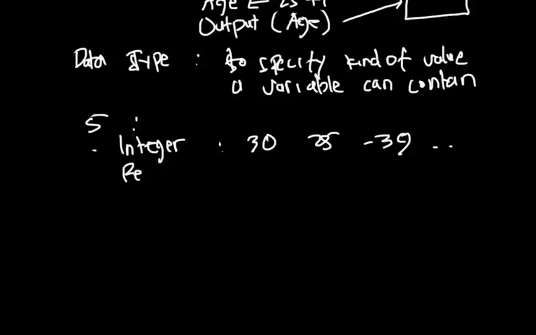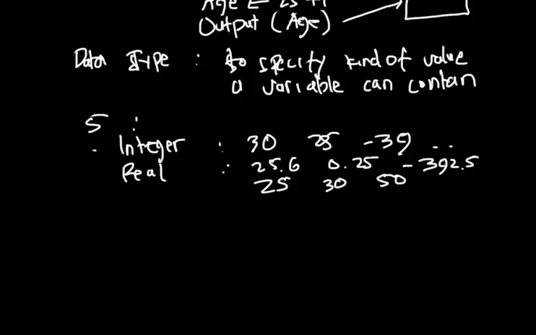The second one is real, for real values 25.6, 0.25, minus 39.25, but it can also contain integer numbers 25, 30, 50, for example. Okay, please remember this one.